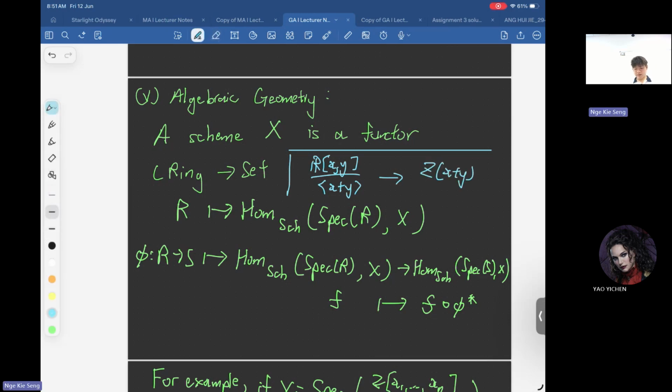Okay, so what's the zero set of x plus y? This is just y equals to minus x, right? So y equals to minus x is this line here.